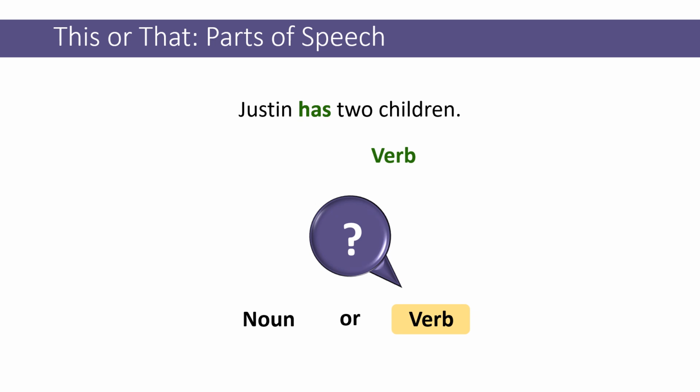Now the thing we want to keep in mind is that plural nouns and plural verbs are the opposite. So what do we mean by that? A plural noun has an S on it, but a plural verb does not have an S on it. A singular noun does not have an S on it, but a singular verb does have an S on it.